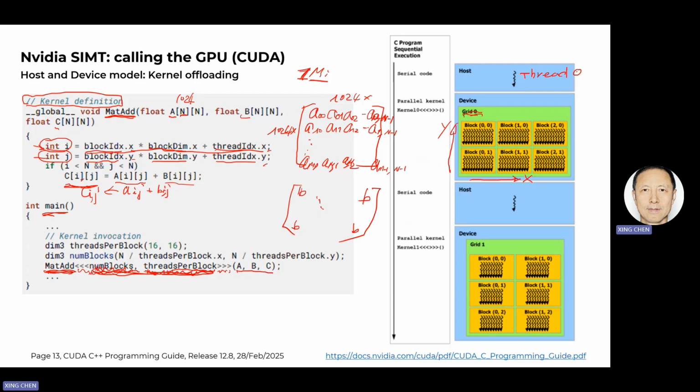Each thread is going to work on only one summation of two elements. That's the job for each thread, and then the job will be done.